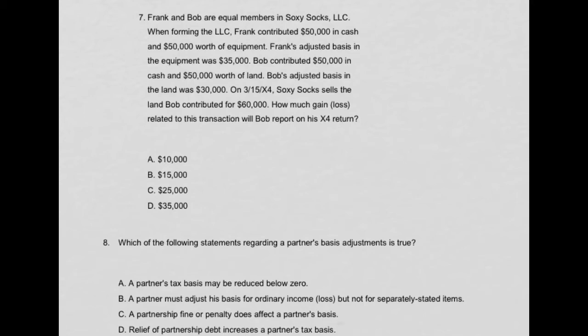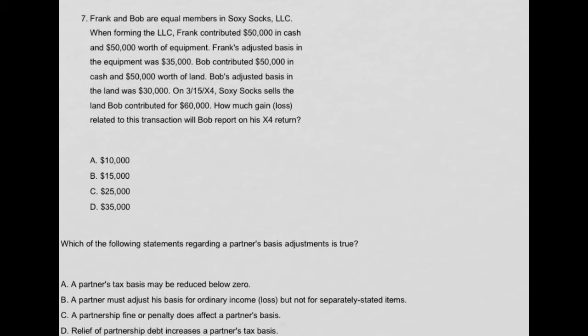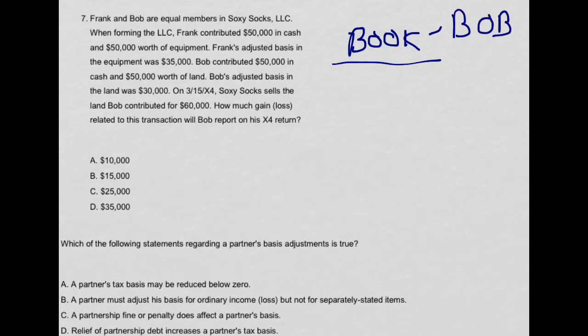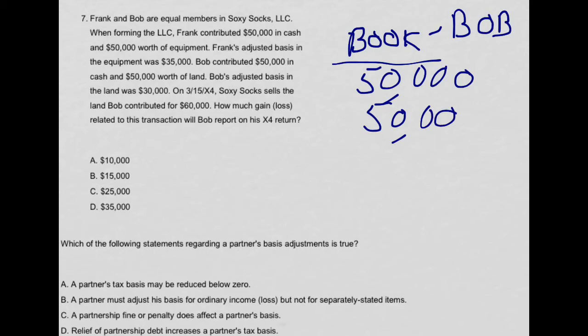Okay, so we know this. If you just do the book capital, you'll be able to figure it out. We don't need it as a T account, really. The book capital would have shown for Bob, because that's who we're concerned about, that he contributed cash, and he contributed land worth $50,000, so we show the land at 50.